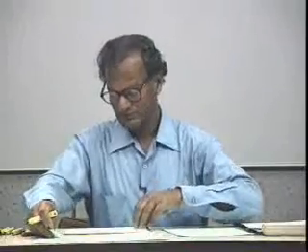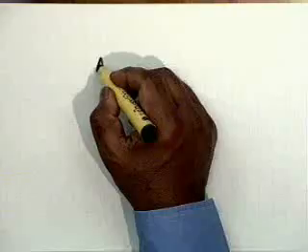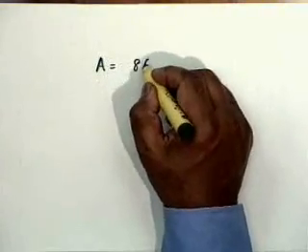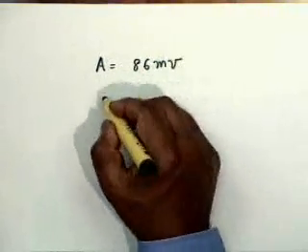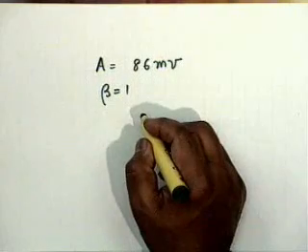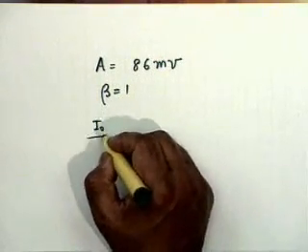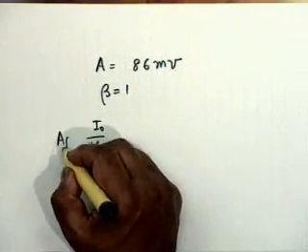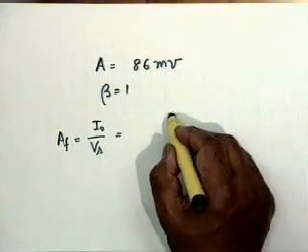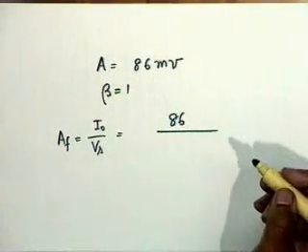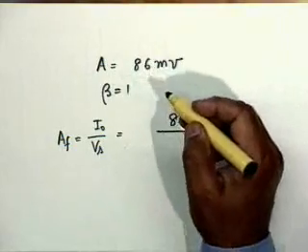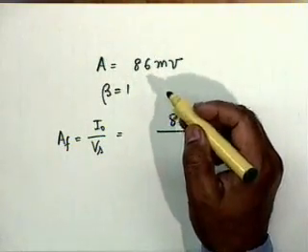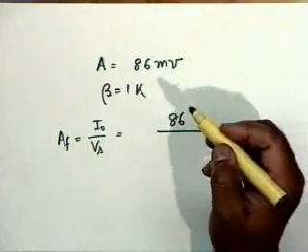So finally, what we have is A equal to 86 millimho, beta equal to 1K, and therefore I0 by Vs, which is AF, is given by 86 divided by 1 plus 86.